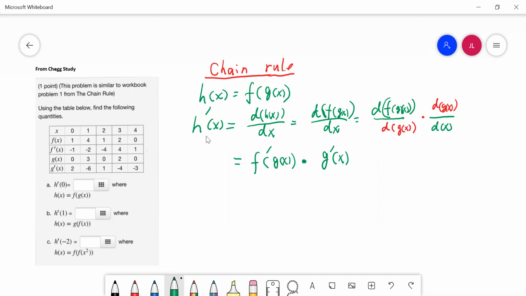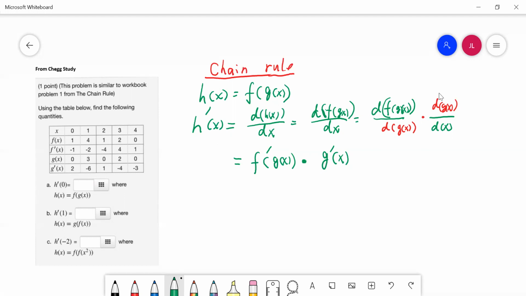The derivative of h(x), by definition, equals dh(x) over dx. So we plug in here d f(g(x)) over dx. Now we're going to multiply by dg(x) and then divide by dg(x). That won't change this value, right?